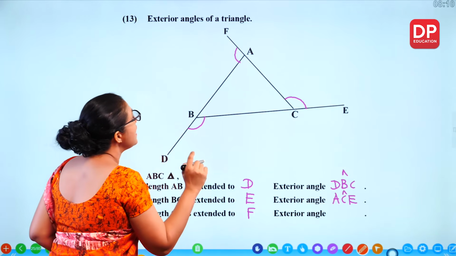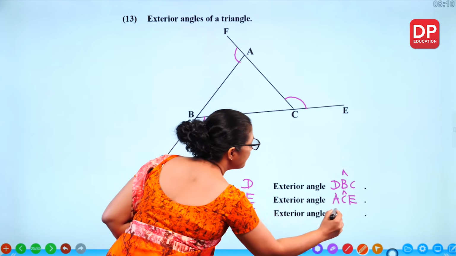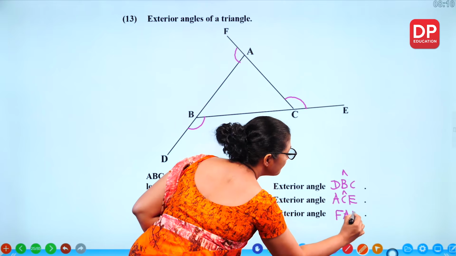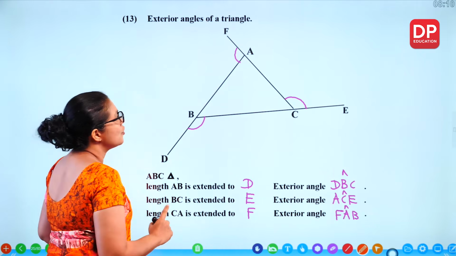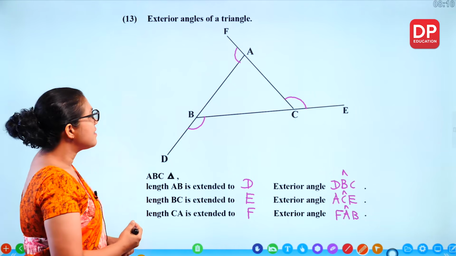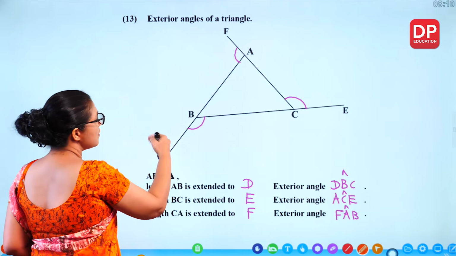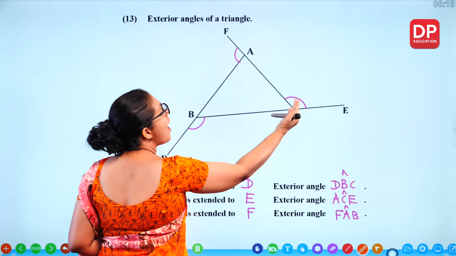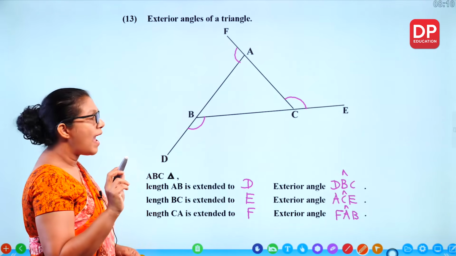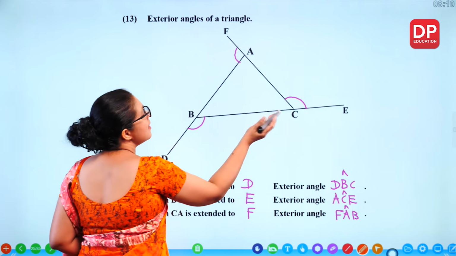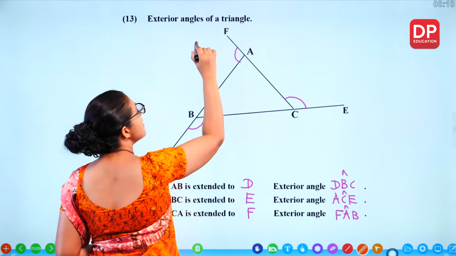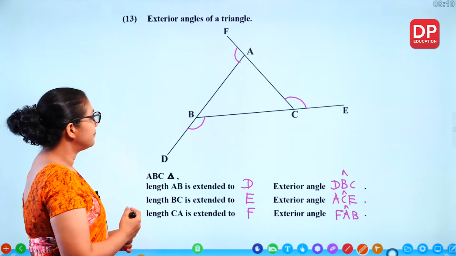That's BAF or FAB. So you get 3 exterior angles. Now when you are extending the lines, make sure that you either take clockwise or anti-clockwise. So this is anti-clockwise, extended the lines.